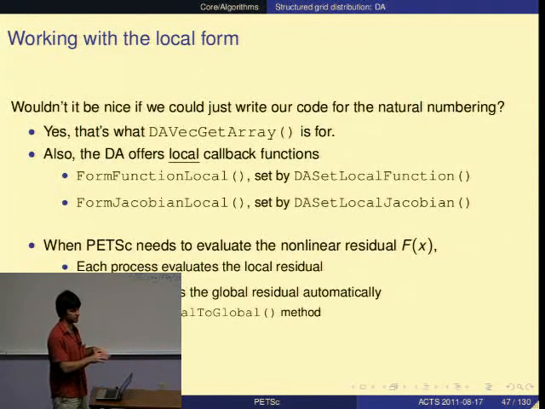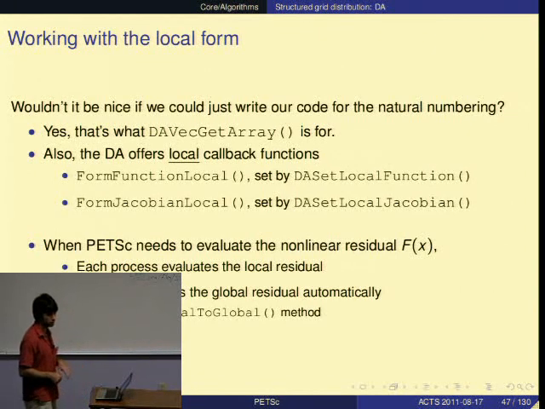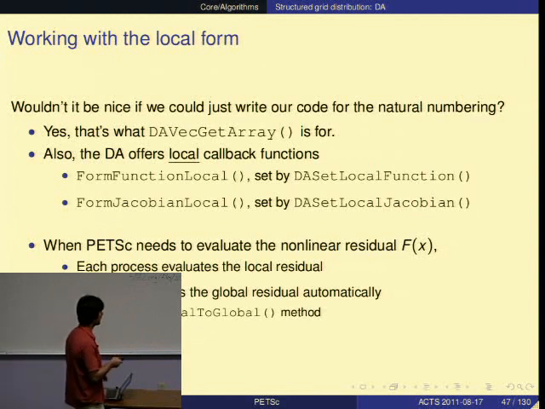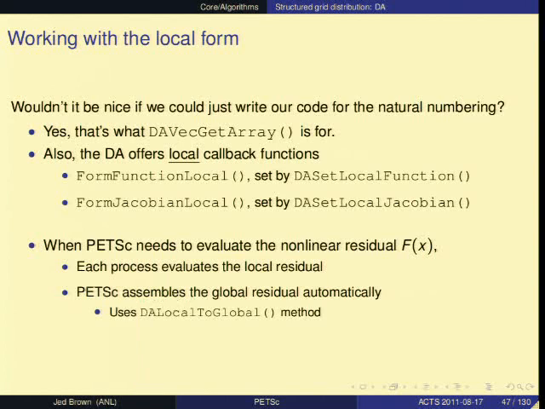The preconditioners use that to inform ways that they can take things apart. So you don't need to use it, but it's convenient sometimes. When running on a DA, you can provide these local callbacks, and you just have to do a little bit less bookkeeping. So we'll end up using that in this example.